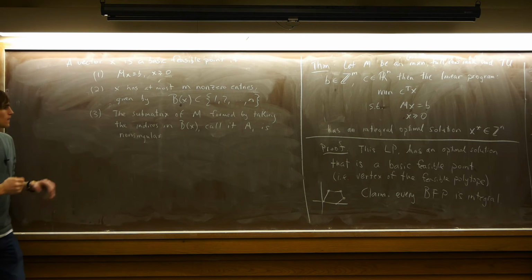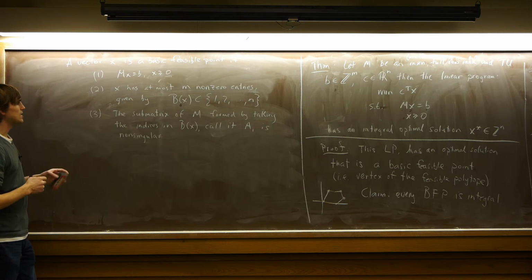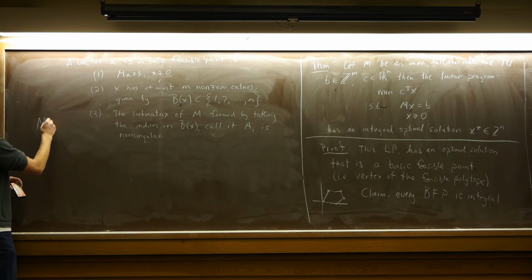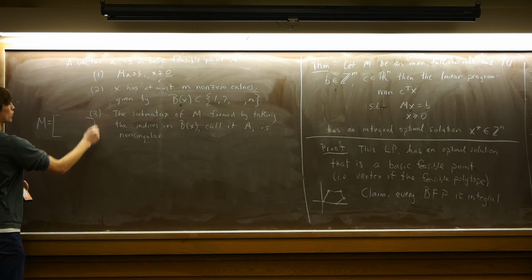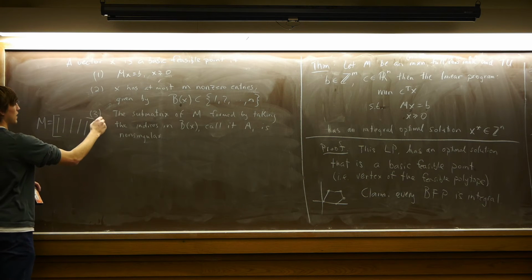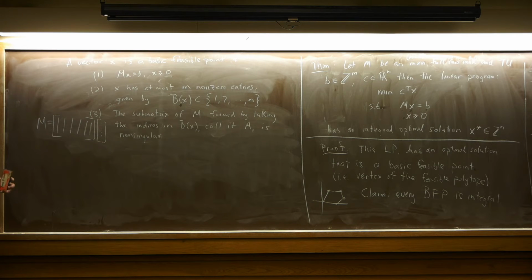Can you give an example for that? Can I give an example? I have a matrix M, which has more rows than columns, and I'm going to be multiplying this by a vector x, and I want to say that that's equal to b.